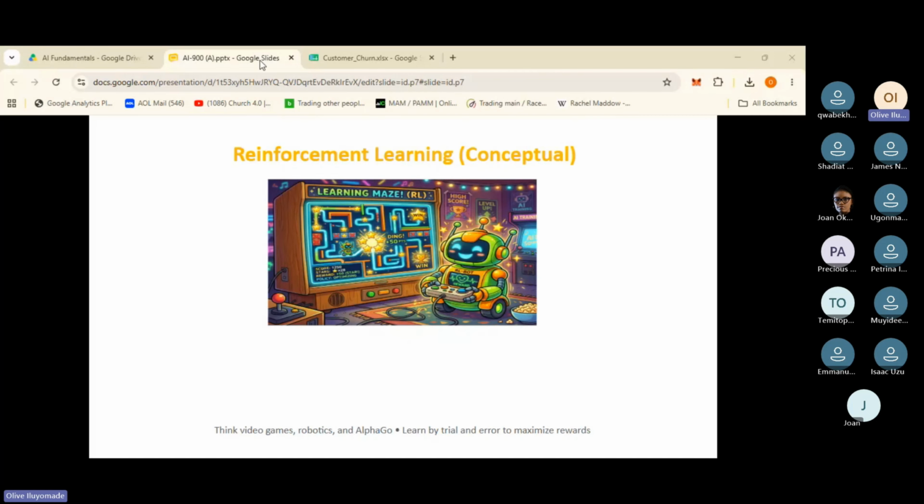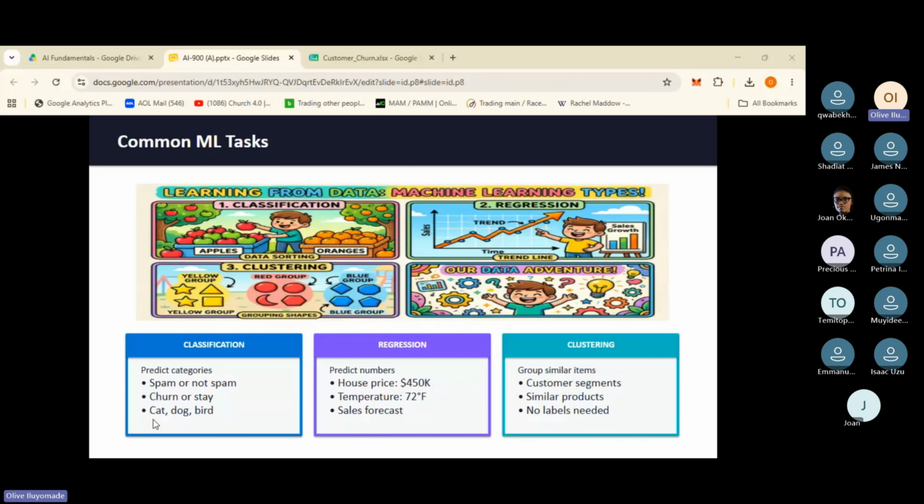Sorry about that. So let's go on to our next slide. These are tasks that we do within our machine learning. We have classification first.